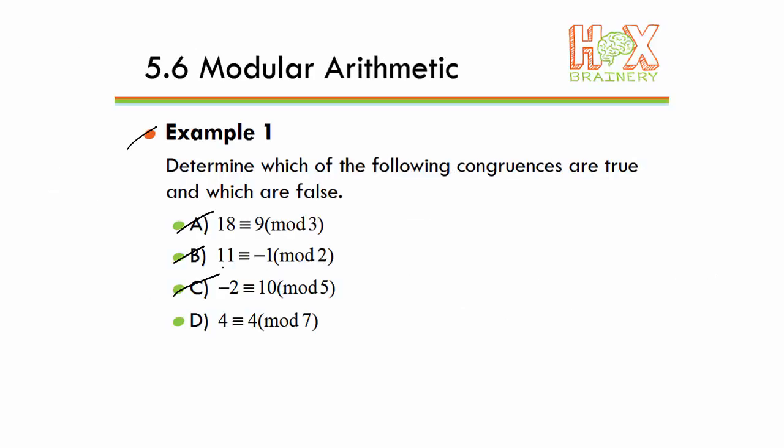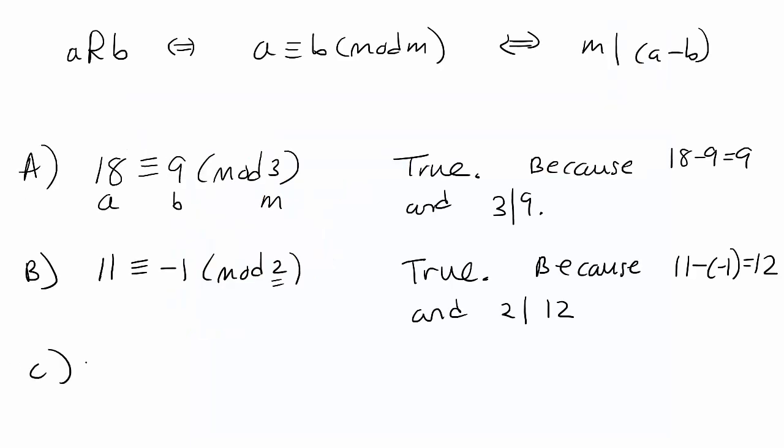Let's do part C. Is negative 2 congruent to 10 mod 5? If we do A minus B, that's negative 2 minus 10, which is negative 12. Does our M, the 5 in this case, divide negative 12?